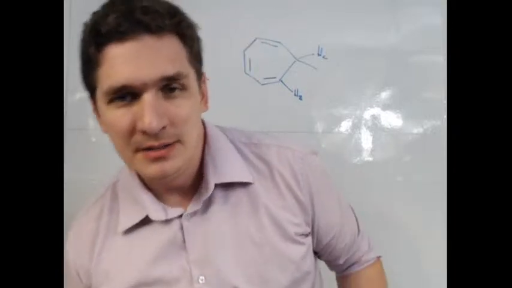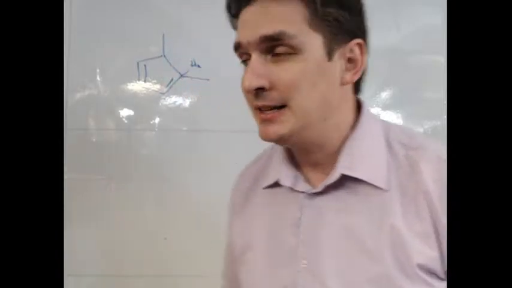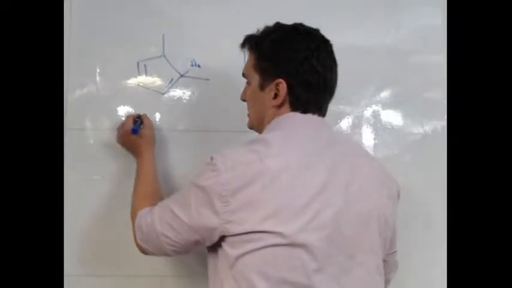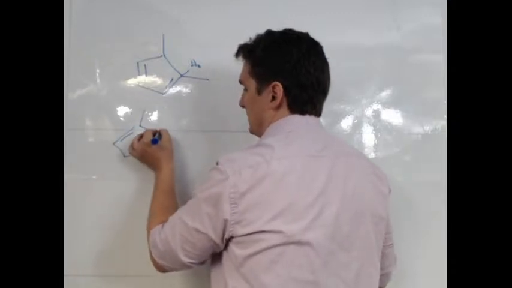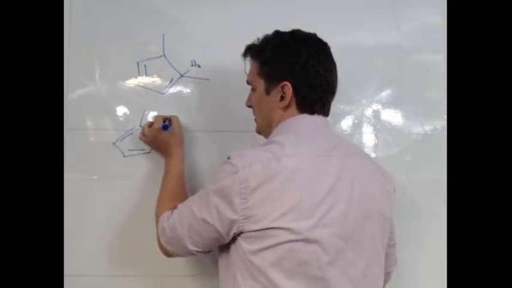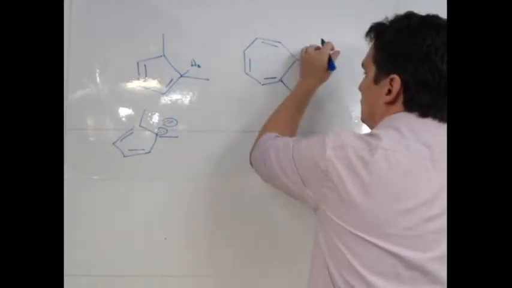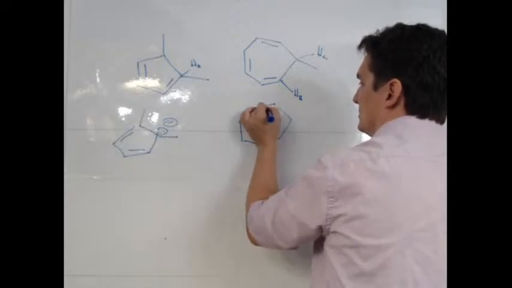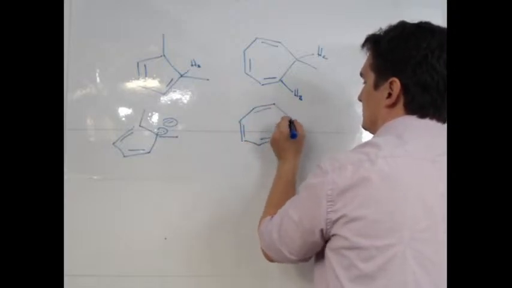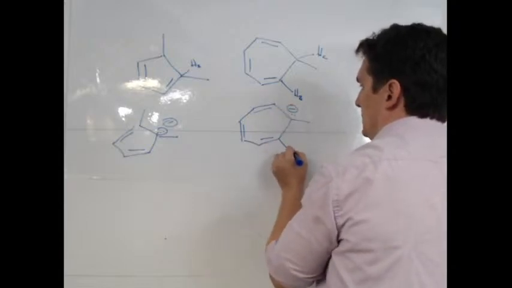is if we look at it, let's see what happens when we make each of these act like an acid. So if we make this one act like an acid, we get the carbanion. And if we remove HC, we get this compound.